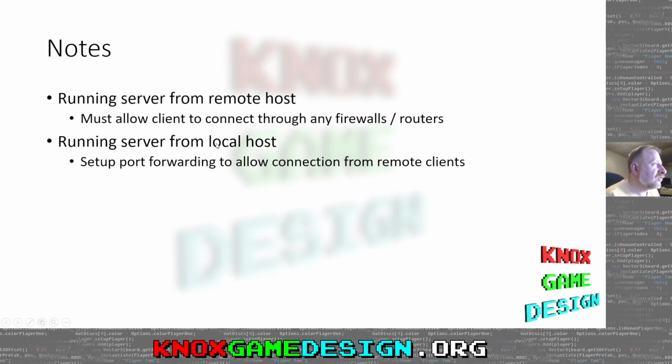If you're running the server from your local host, you need to make sure port forwarding is set up to allow connections from remote clients through any routers or anything like that. So that's one hang up, and that's why I just did the example on the local host, just to make it simple. That might be a talk for another day, opening things up to communicate with remote servers.